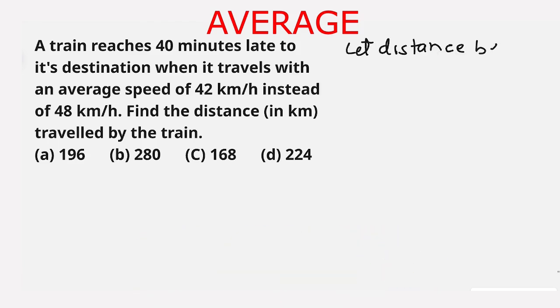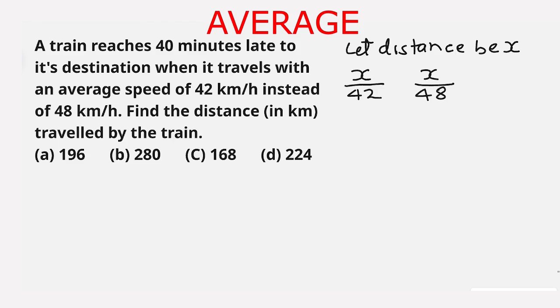Let distance be x. Then the time taken by the train when it travels by 42 km per hour will be x divided by 42. Similarly, the time taken by the train when it travels by 48 km per hour, and that will be x divided by 48.